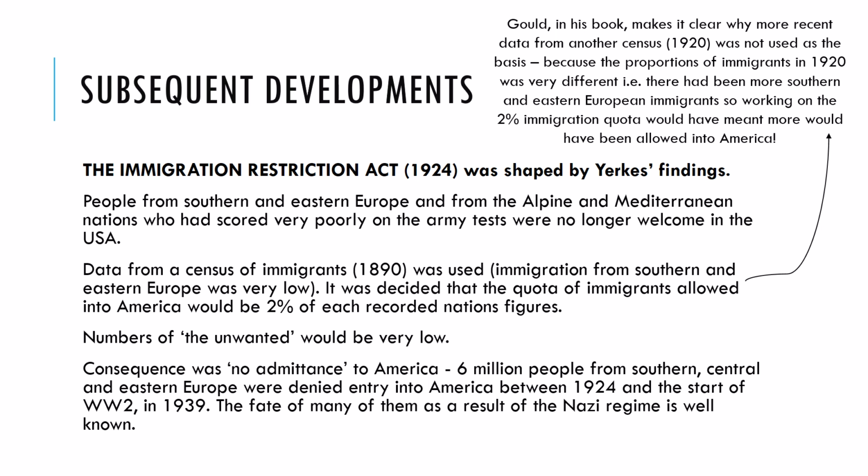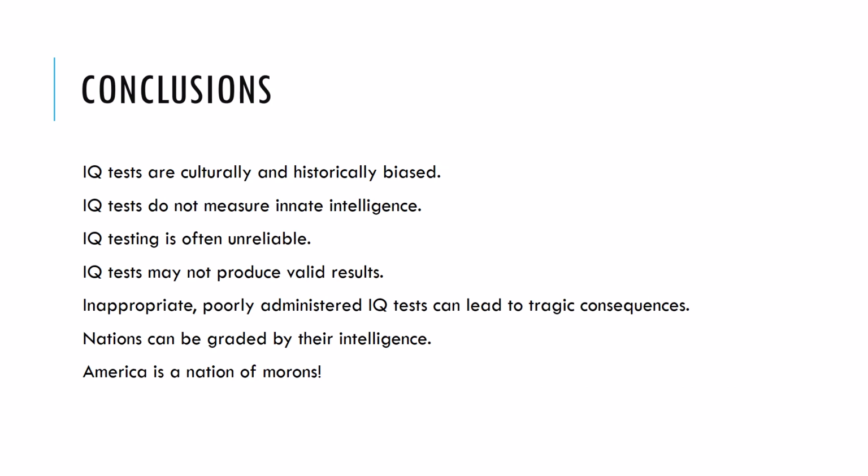So calculations suggest that as many as 6 million people from southern, central, and eastern Europe were denied access to America between 1924 and 1939 at the start of World War II. And obviously the fate of many of those people is then well known, unfortunately.